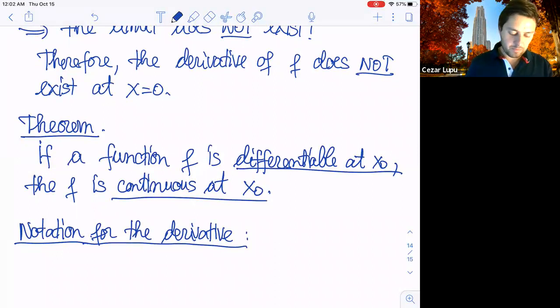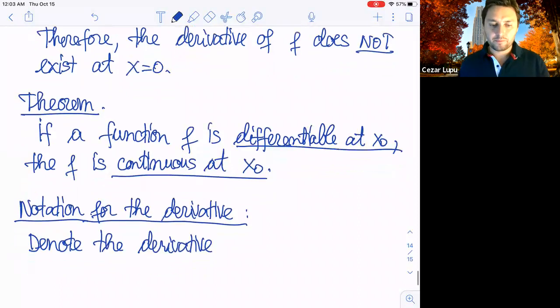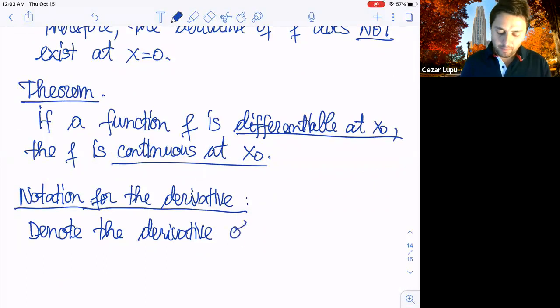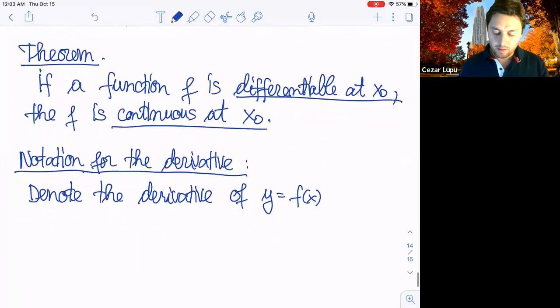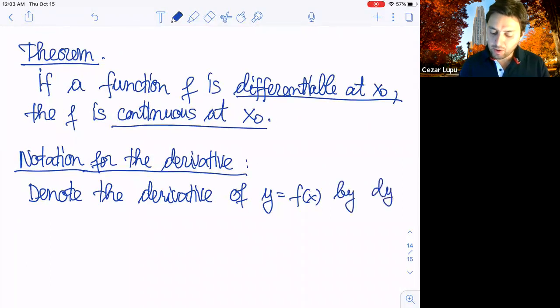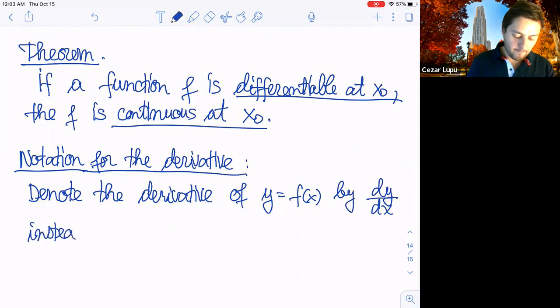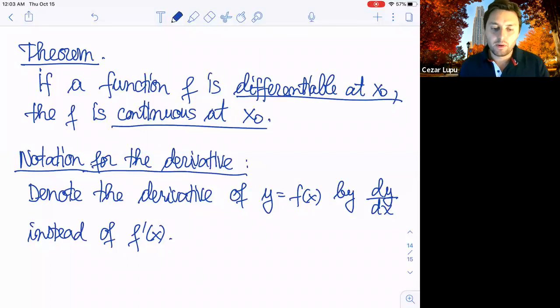So we can denote the derivative of y equals f of x, of our function y, by dy over dx if we want, instead of f prime of x. Well, usually this is the notation used by physicists. Well, it started with Leibniz a long time ago.